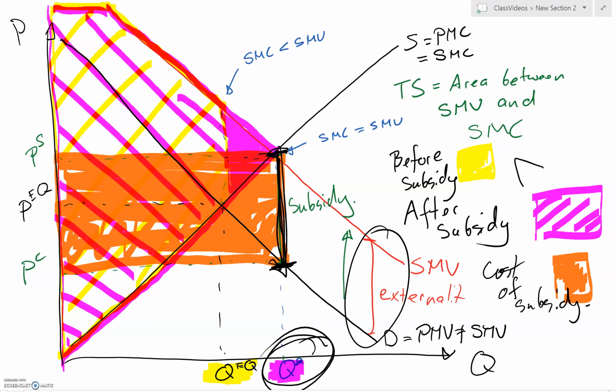Okay. Now, it might be that the government is subsidizing the market by more than the amount that total surplus goes up. Or it could be that the government is subsidizing the market by less than the amount total surplus goes up.